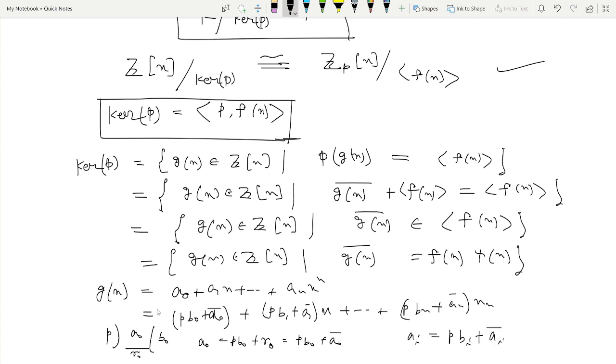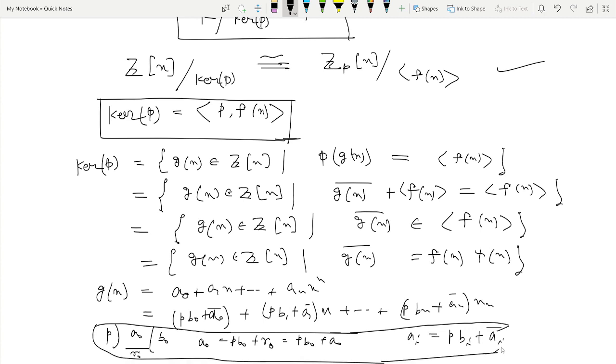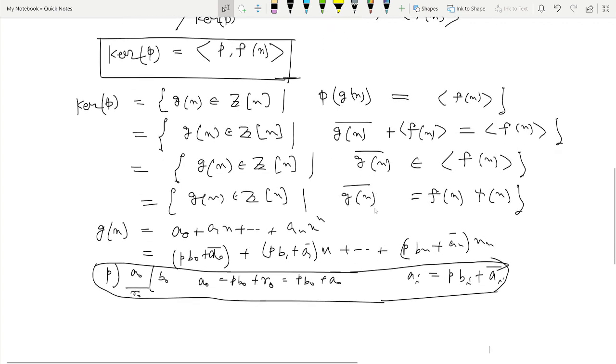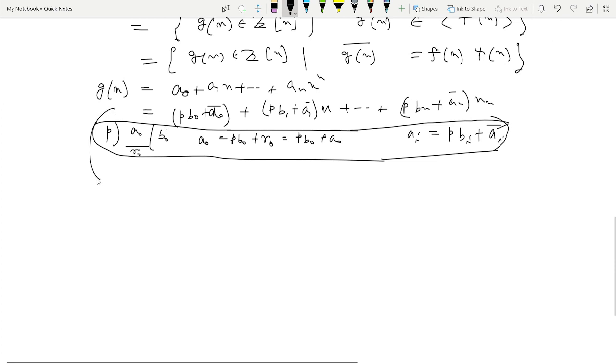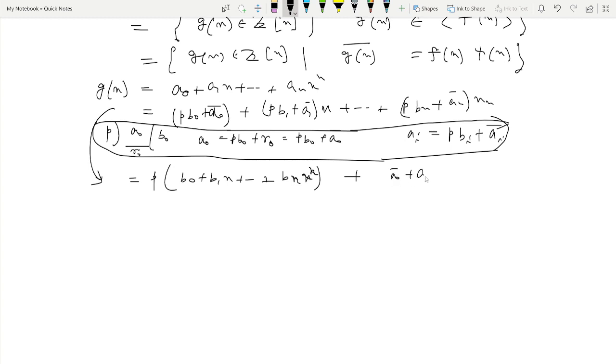So from this we will have p into (b0 plus b1 x up to bn x to the power n) plus (class a0 plus class a1 x up to class an x to the power n).